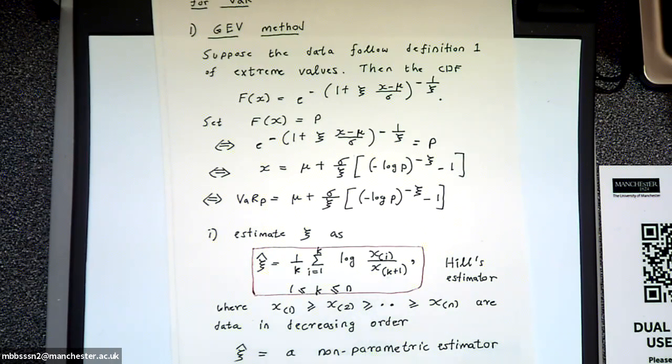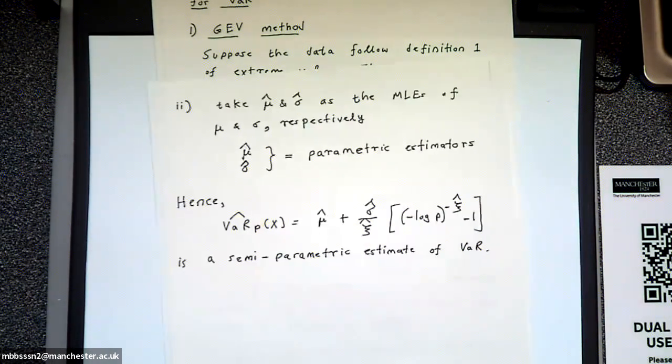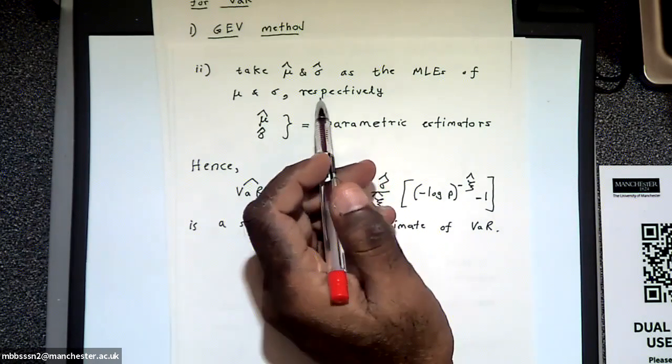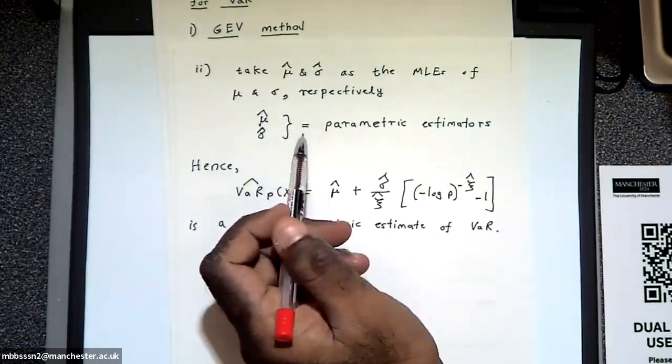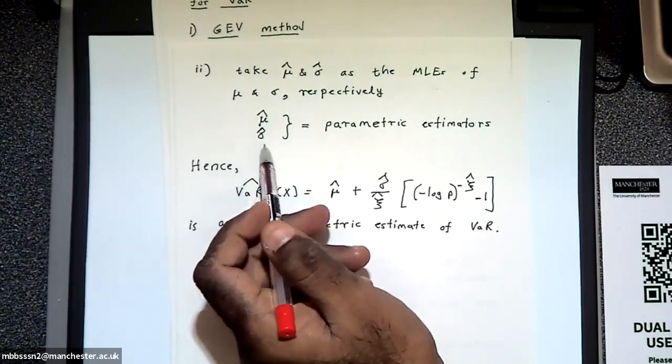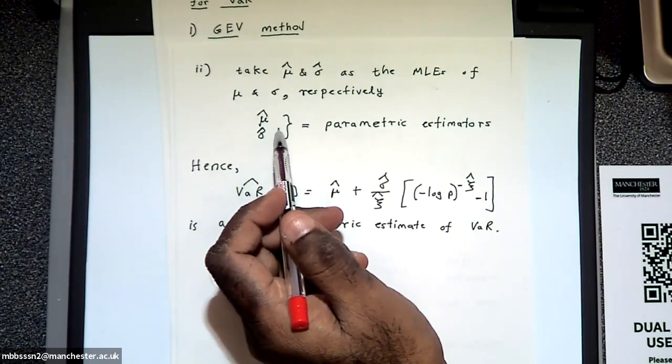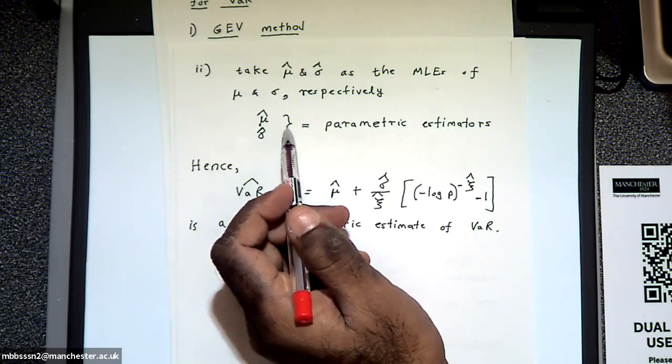That's for the parameter psi. For the 2 remaining parameters, mu and sigma, I'm going to take them as the MLEs. These are parametric estimators because MLE assumes the data comes from a specific distribution.